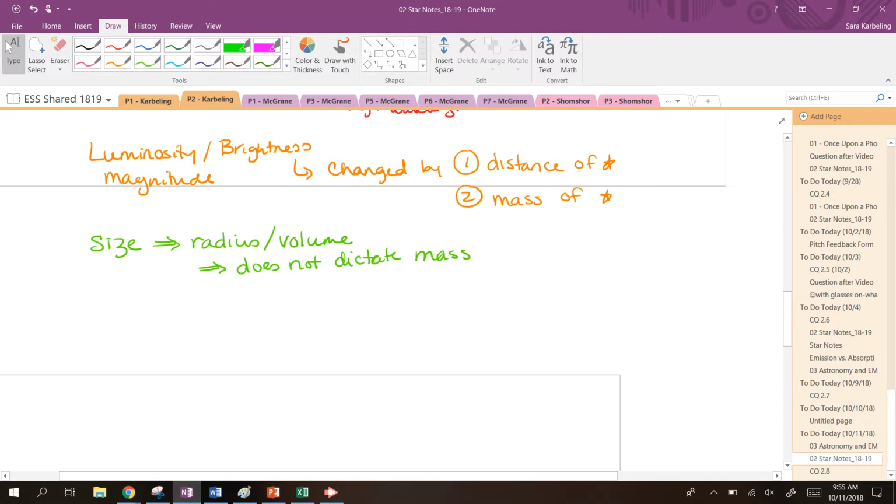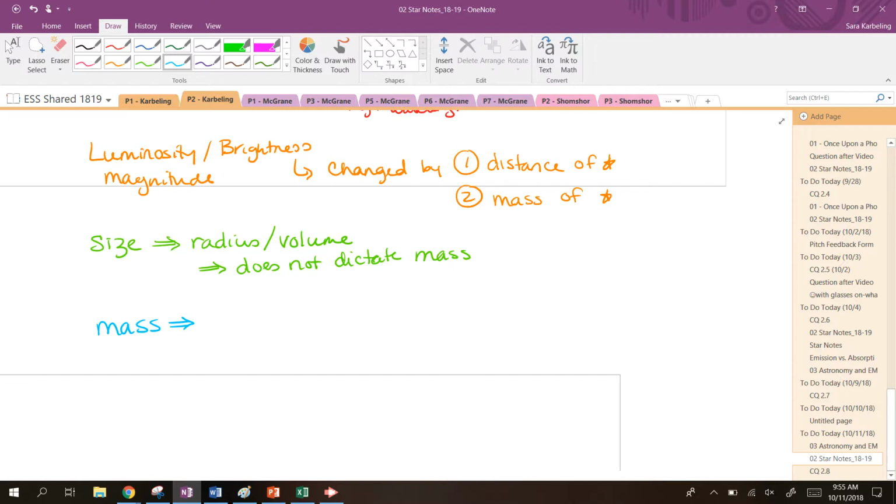Question? Yes, you may. Speaking of mass, that's another way to classify a star. So the mass is how much stuff is in the star. And that's usually pretty consistent throughout. Okay? There are a couple of times when the mass of a star might change due to explosions and things like that. We'll get there.